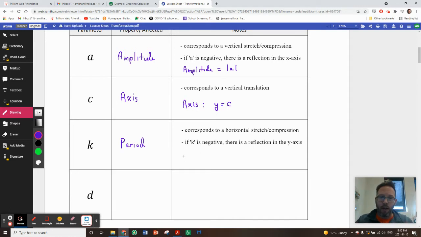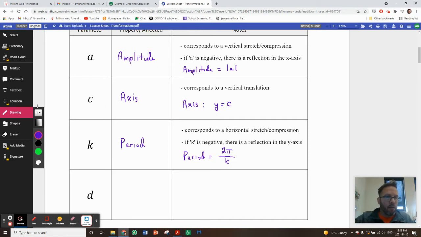So to get the new period for a given k value, we take the old period of the original sine or cosine function, which is 2 pi radians, and divide it by the k value. For example, if k was 2, the function is compressed by a factor of 1 over 2, which takes the period, 2 pi, and divides it in half to just pi.